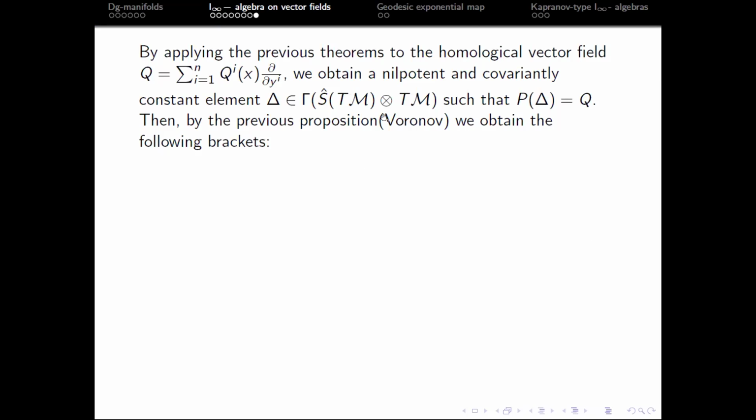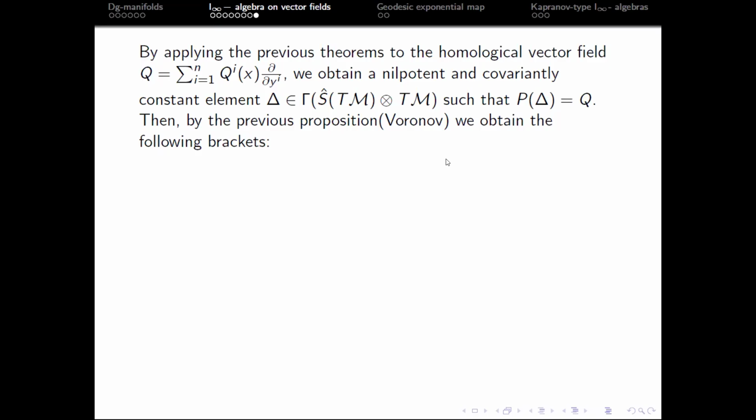As I said, we just apply these theorems to this homological vector field, which I identify with this vector here, like taking this vertical part. And then I take its corresponding element in the space of formal vector fields. One can also prove that the projection of this lifting is going to be precisely Q.